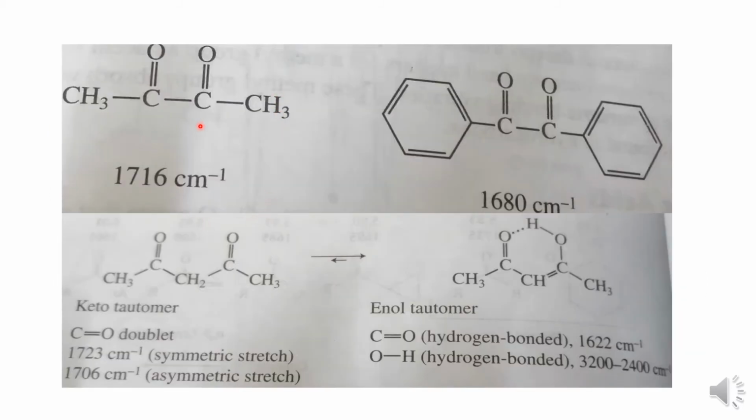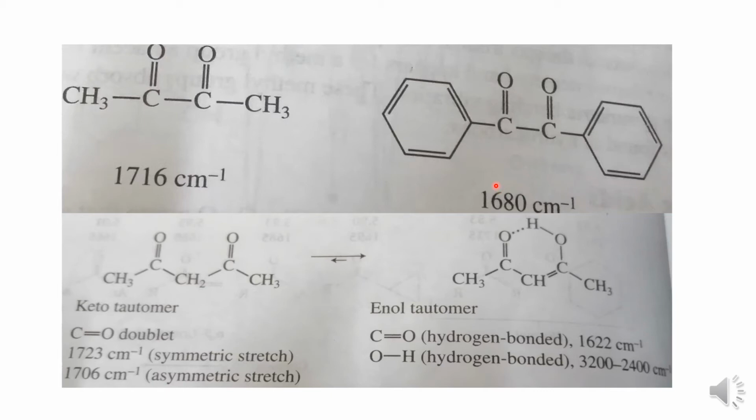This is an alpha diketone, that is CH3-C(=O)-C(=O)-CH3. Here the CO stretching frequency is 1716 per centimeter. This is an aromatic diketone. In this case, because of the presence of the aromatic ring, the carbonyl stretching frequency decreases again, to 1680 per centimeter.